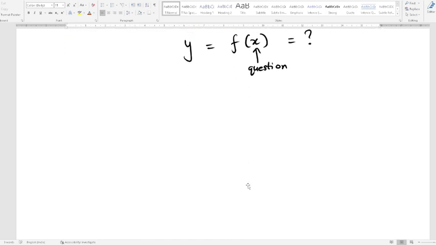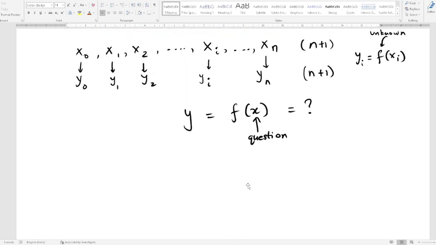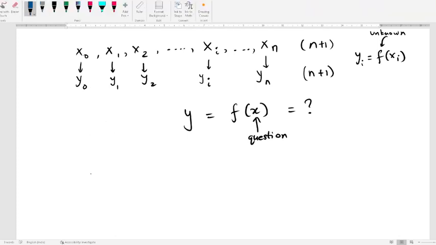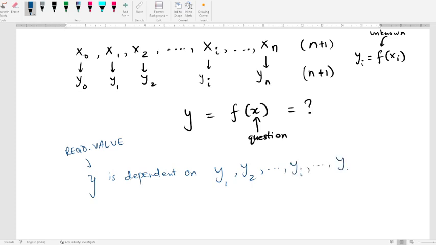Now, let us say at the outset that the required value of y is dependent on y1, y2, yi as well, all the way up to yn.